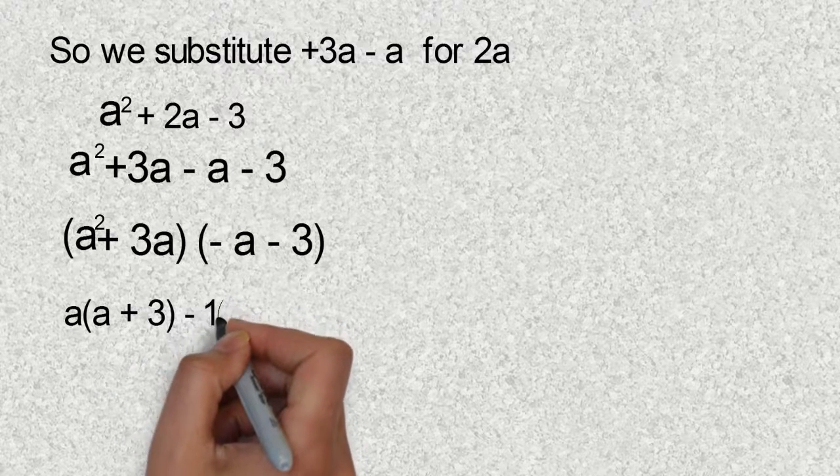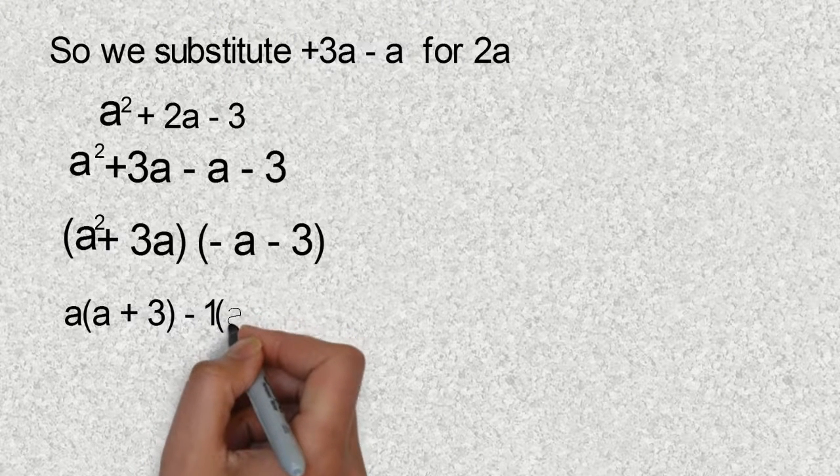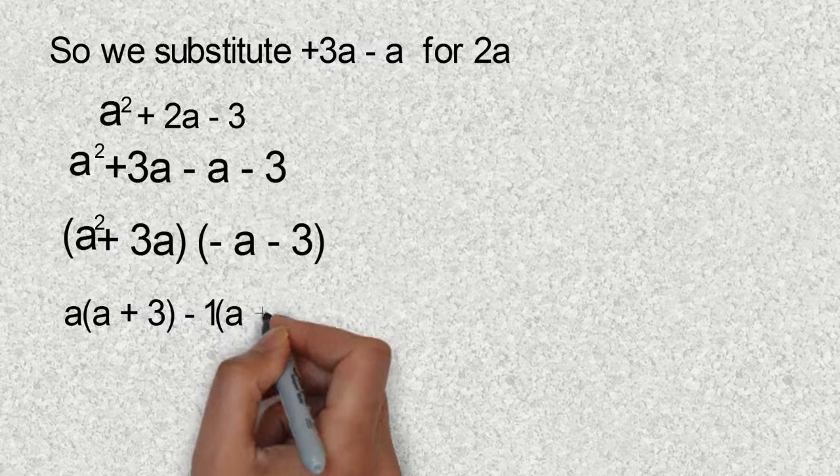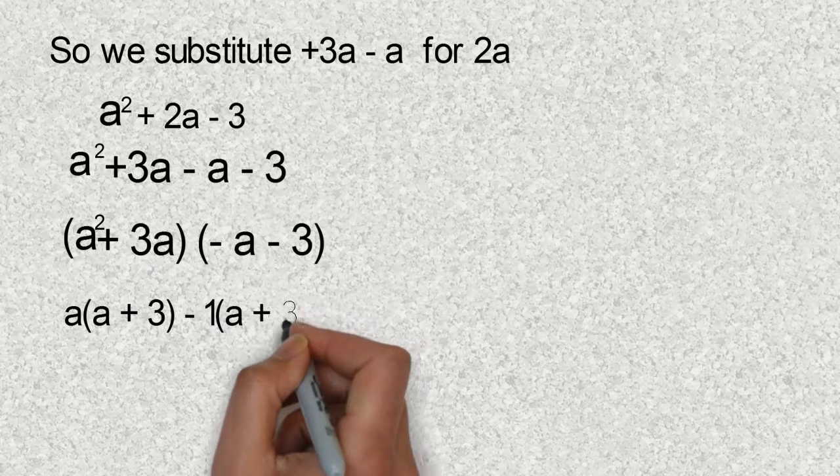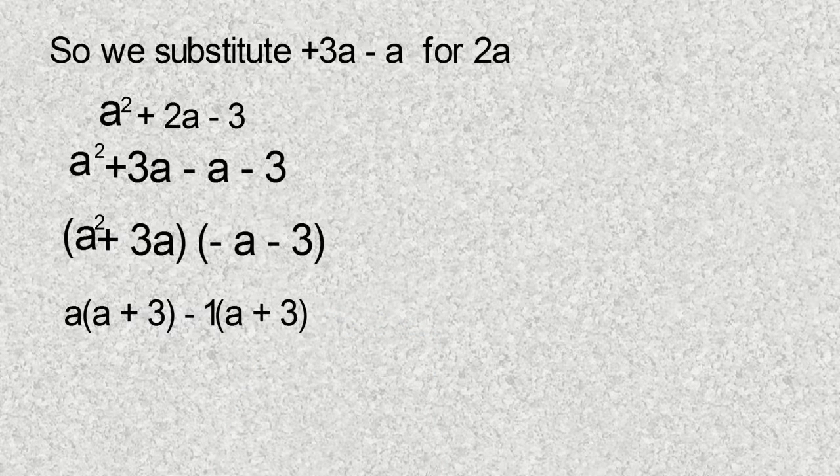That's minus 1. So if I bring minus 1 out, I'm left with a plus 3. So our answer is a into bracket a plus 3 minus 1 into bracket a plus 3.